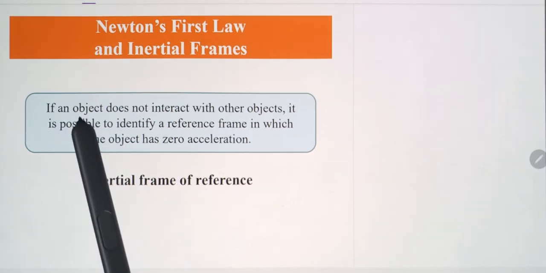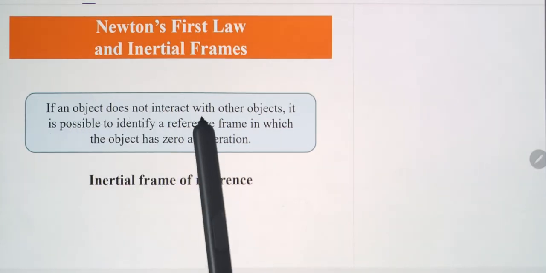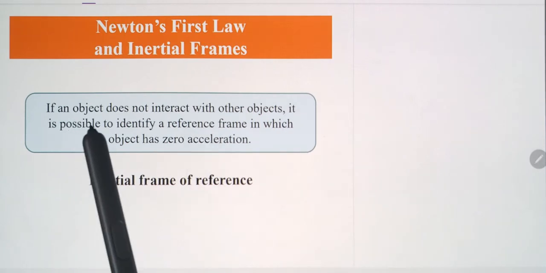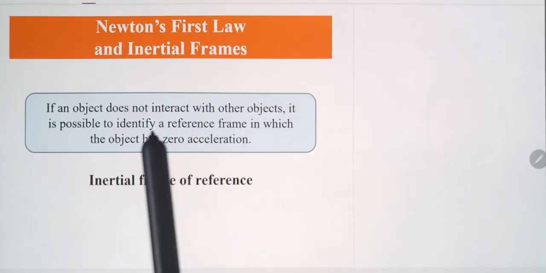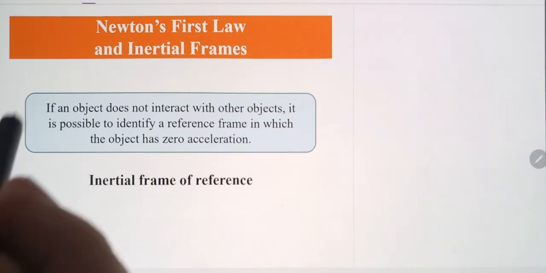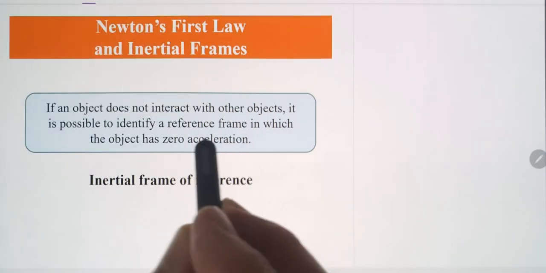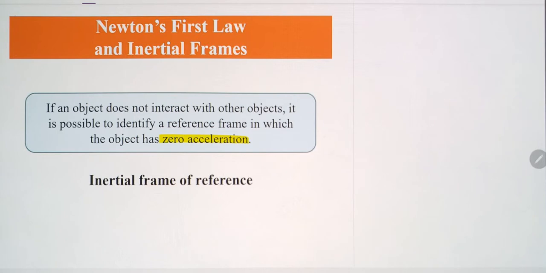If the object does not interact with other objects, it is possible to identify a reference frame in which the object has zero acceleration. Zero acceleration. So you can determine your inertial frame of reference based on the fact that acceleration is zero.